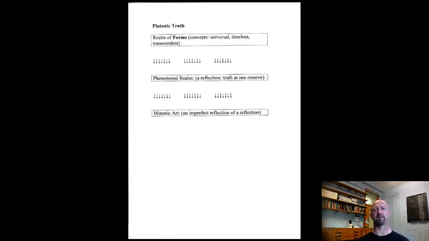Or another way to put this is to say that for Plato, in this realm around us, you might come across things that are beautiful or that you think are beautiful, but that's just a subjective beauty, a beauty that is subject to your senses, and you might argue with a friend over whether this is beautiful or that is beautiful.